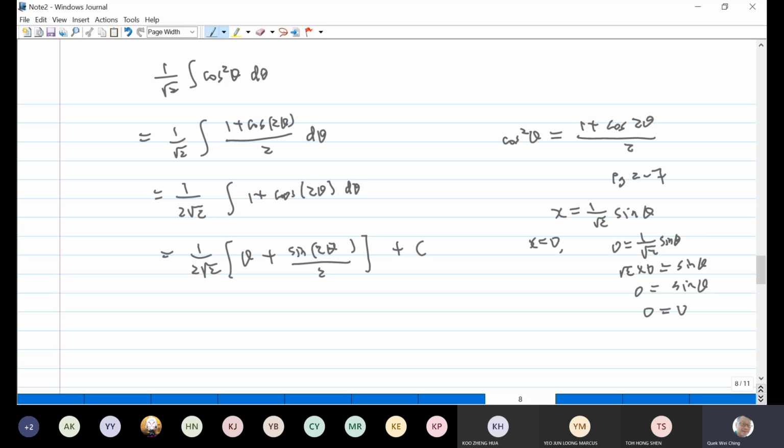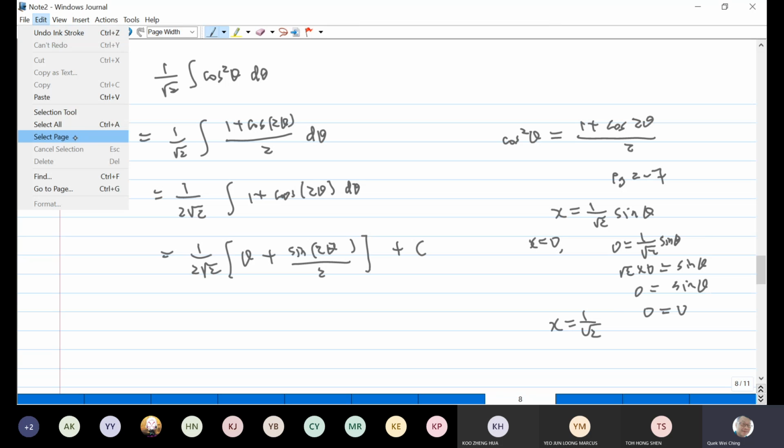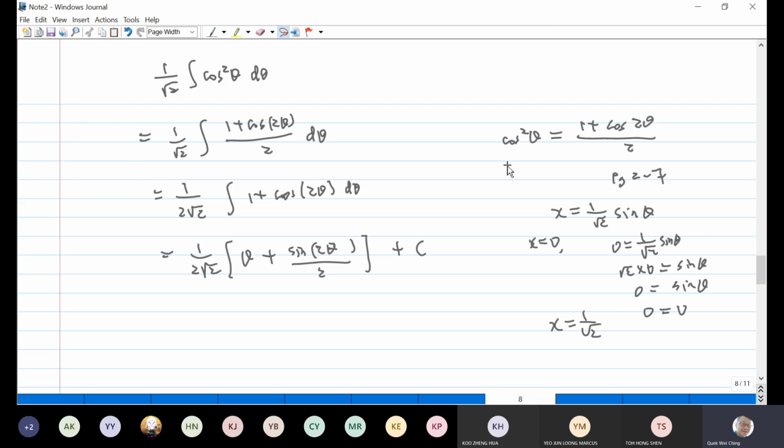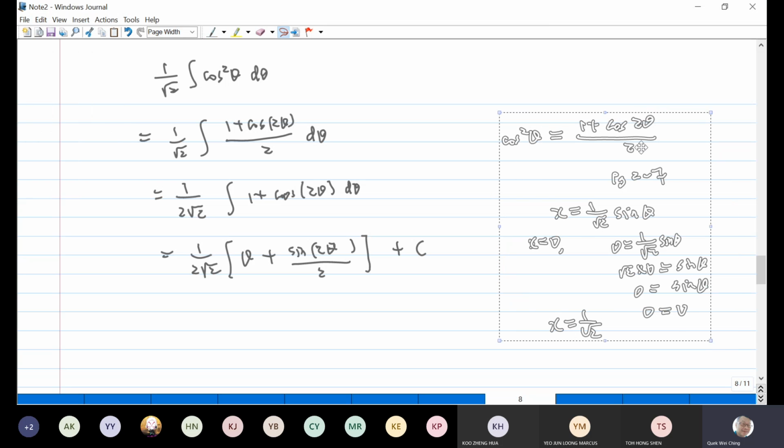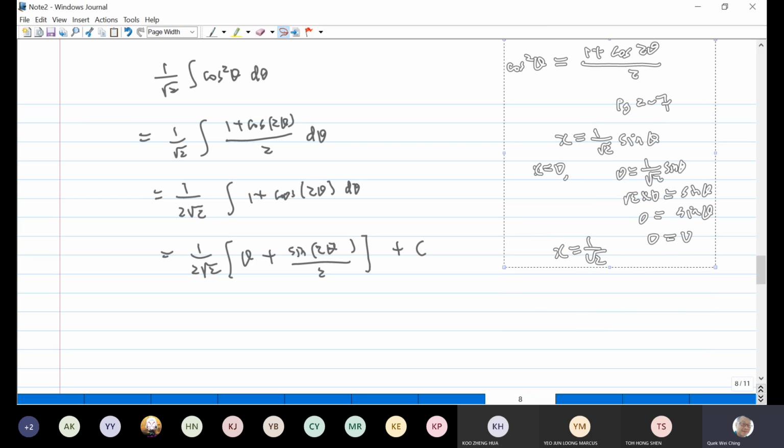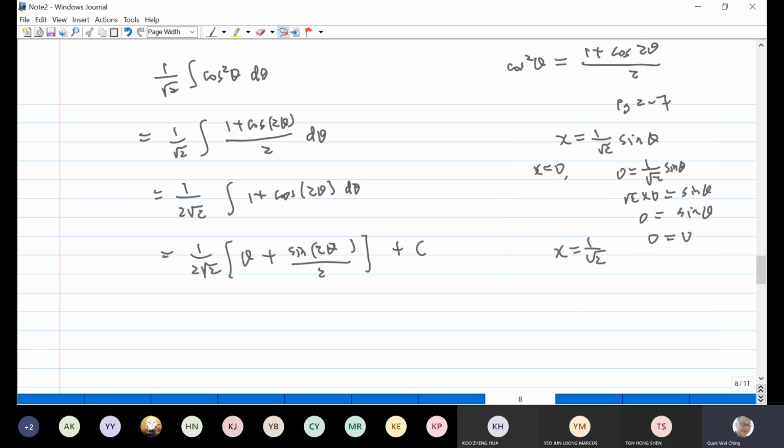Okay, what happens when x equals 1 over square root 2? Okay, I must bring up a bit of space here. Okay, bring up this one slightly up here. Okay, when x equals 1 over square root 2, right?